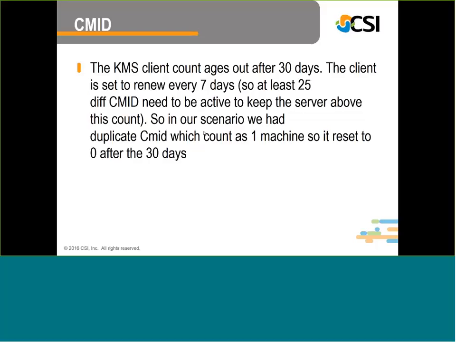And if the CMID is the same, then the workstation only counts as one. So you could have 27 workstations, all of which have the same CMID because they were not imaged properly. They would count as one workstation, so therefore KMS minimums wouldn't be met, therefore KMS would collapse.